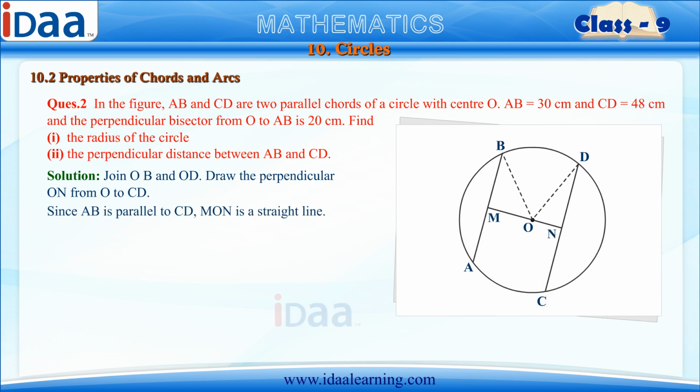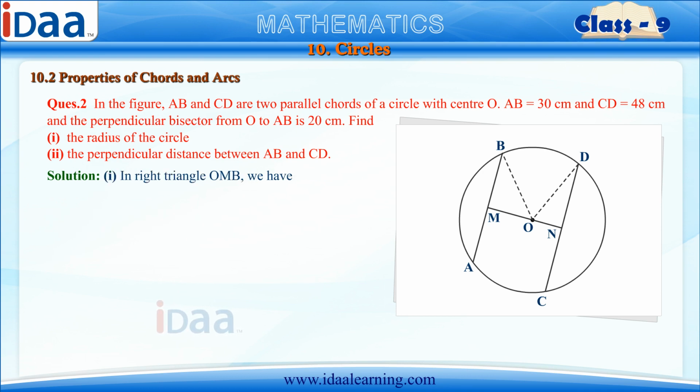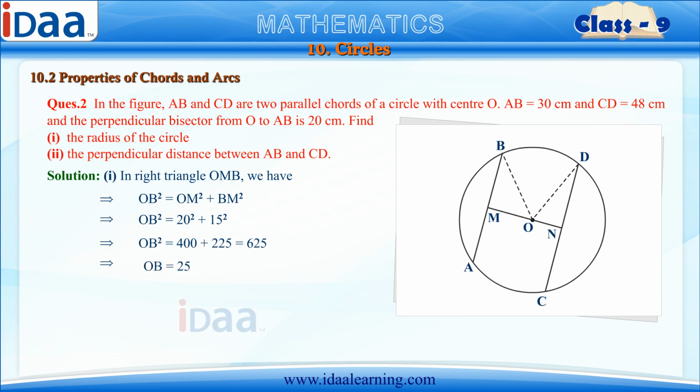Since AB is parallel to CD, MON is a straight line. As the perpendicular from center O bisects the chord, AM is equal to BM is equal to 1 by 2 AB is equal to 15 centimeters. In right triangle OMB, we have the radius of the circle is 25 centimeters.